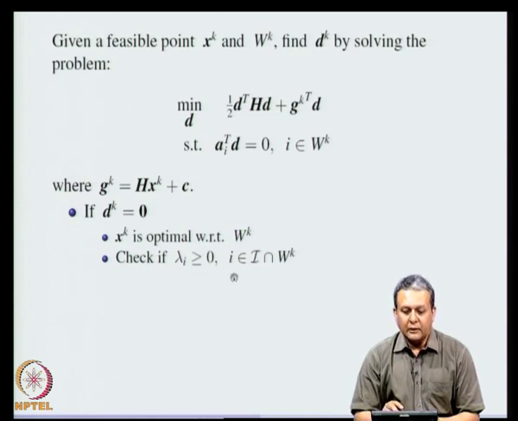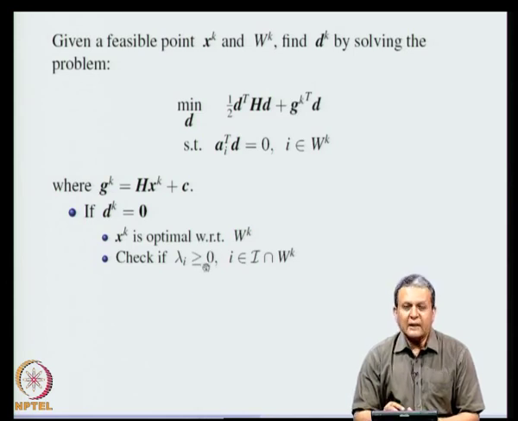So, we have to now check whether xk is optimal with respect to the entire original program, and for that purpose we need to find out what are the inactive constraints which are part of wk and whether the corresponding lambdas are non-negative.